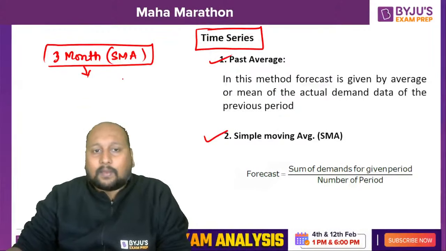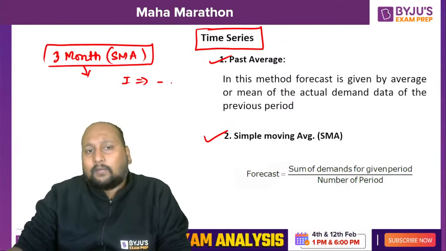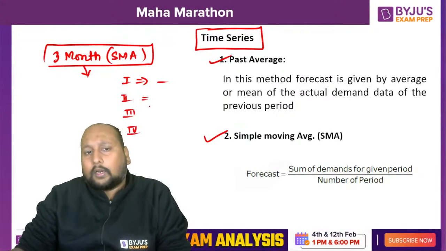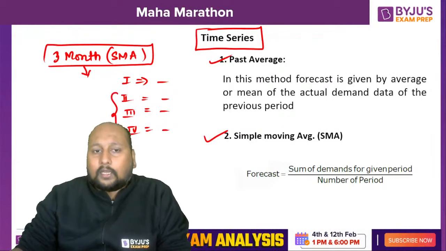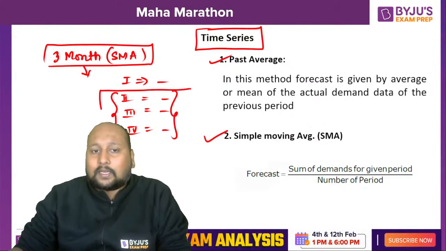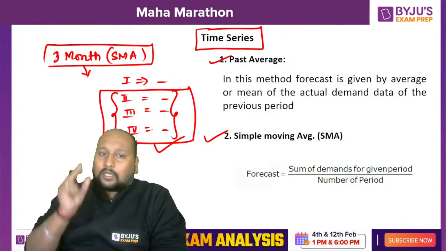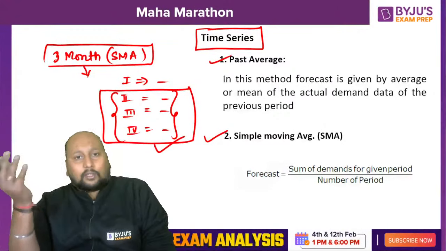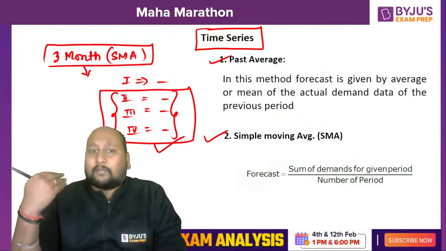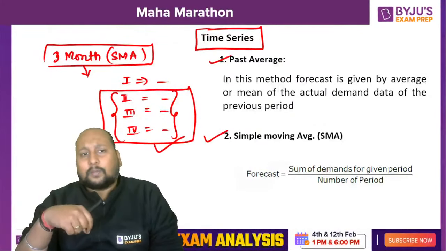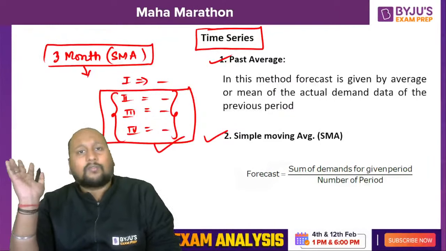If I have values for the individual months, like 2, 3, 4, I'll take only the average of the recent three values. This is called a simple moving average. It could be 3 month, 5 month, or 7 month also. Normally from an exam perspective, you will get 3 months or 5 months.